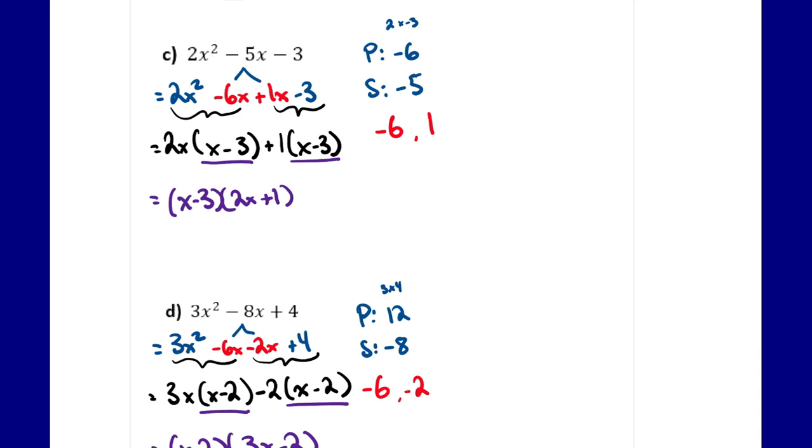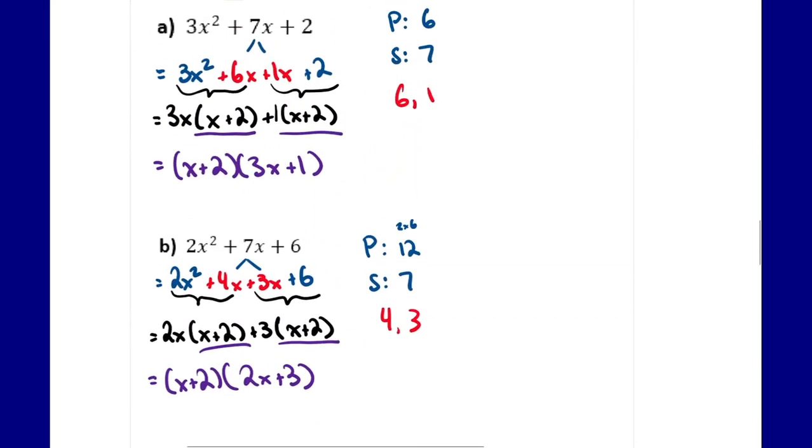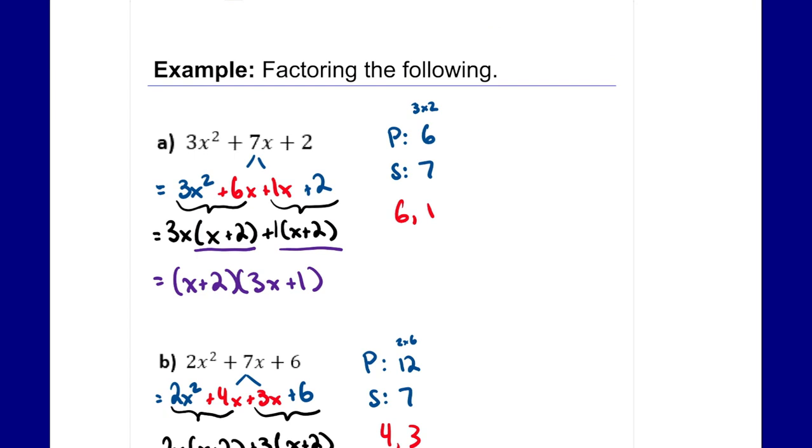However, we could still common factor and then turn it into one of those simple trinomials. In this case, none of these initial expressions were able to be common factored, but again, that is something you should always look for. You should always look to see, can I common factor first to make it easier on myself?